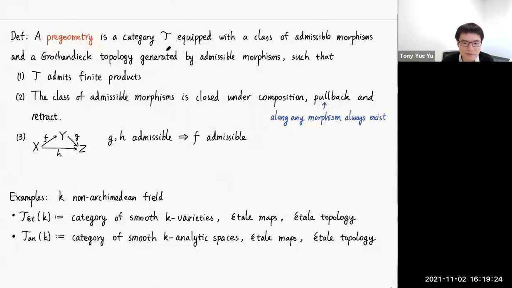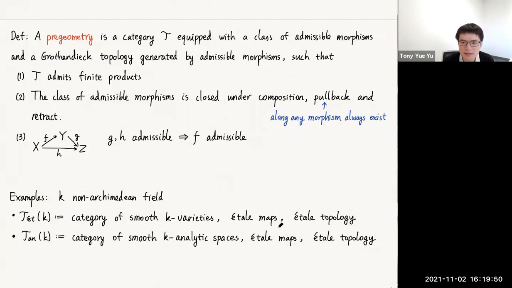It's a category. First of all, the underlying category is just the category of smooth K-varieties. And the class of admissible morphisms is the class of étale maps between these smooth varieties. And then for the topology, we put the étale topology.